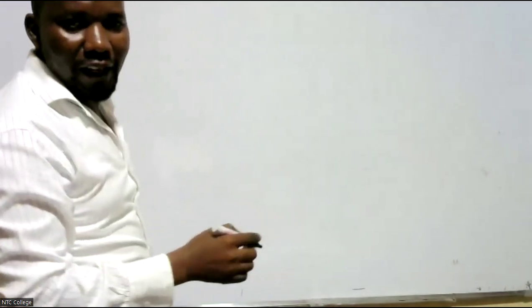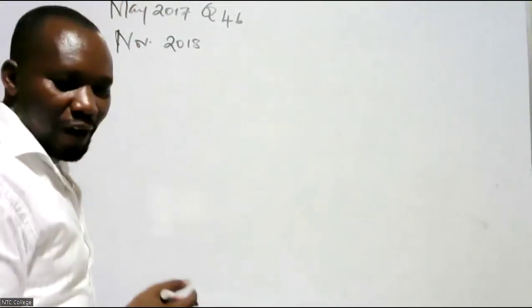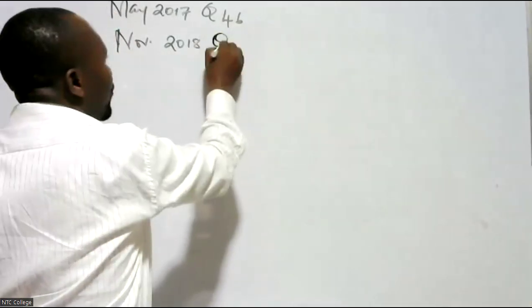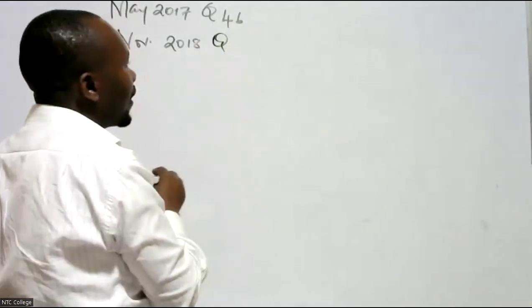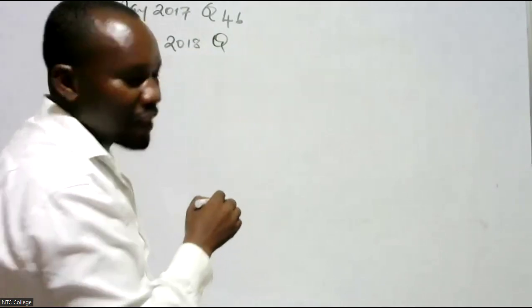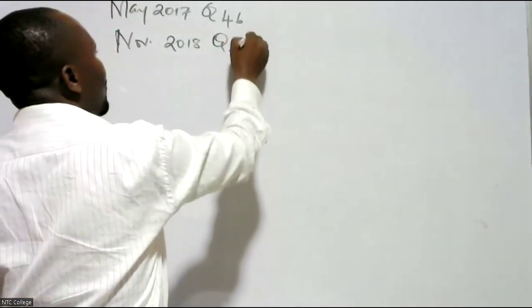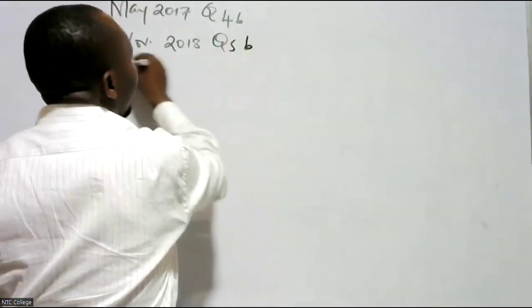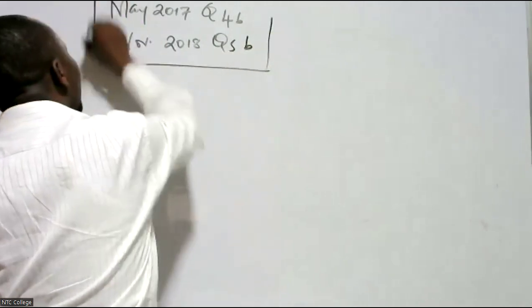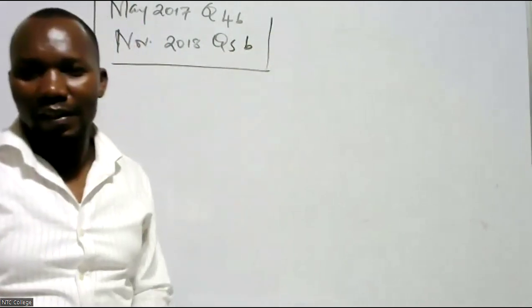I told you they normally come at the last stage. They are normally the last question, question 4 or 5. That is what you finish CPA with. So try question 5B.